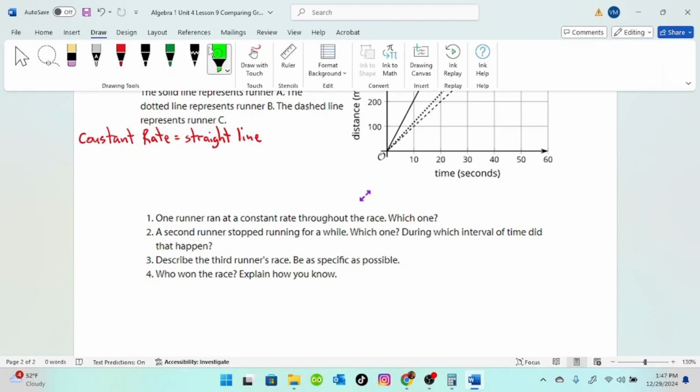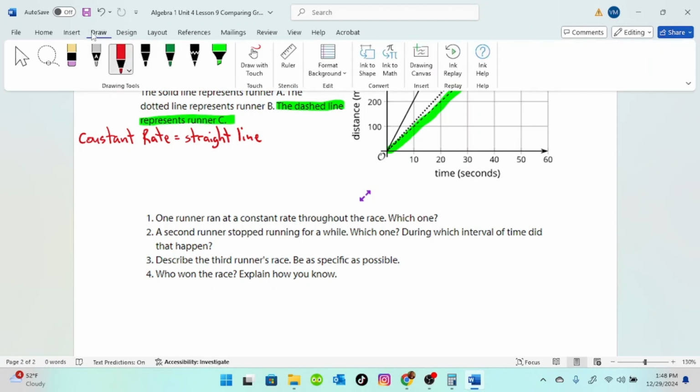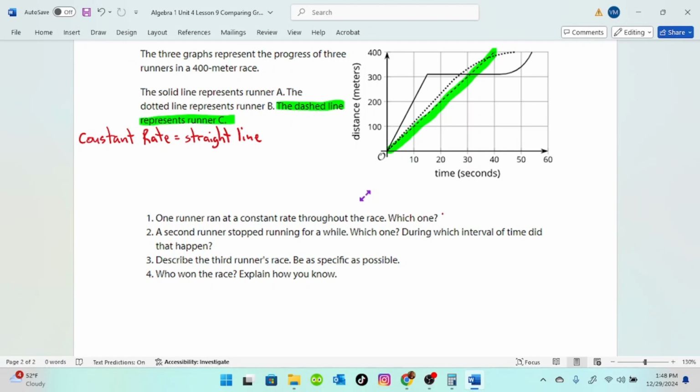And we see that when we look at this dashed line, where it goes straight the whole time, and the dashed line represents runner C. So that means the answer to number 1 is runner C.